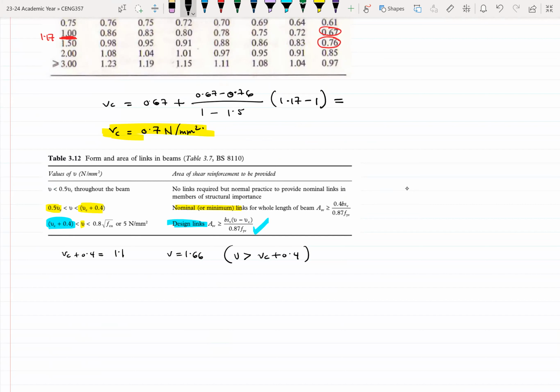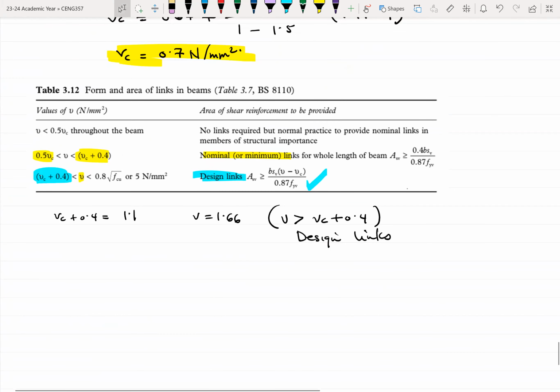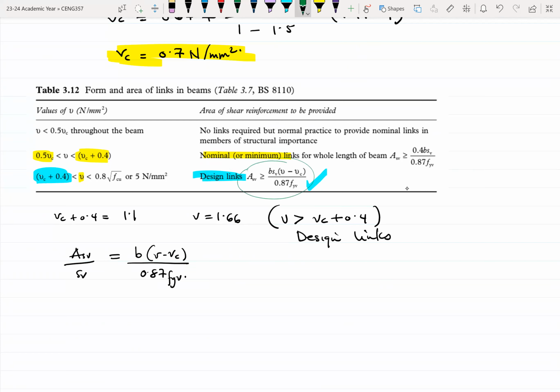Okay. So because of that, it means that we need to design links. So we have to use this equation where ASV over SV will be equal to V minus VC over 0.87 FYV. Okay. So we're using this equation right here in this case.